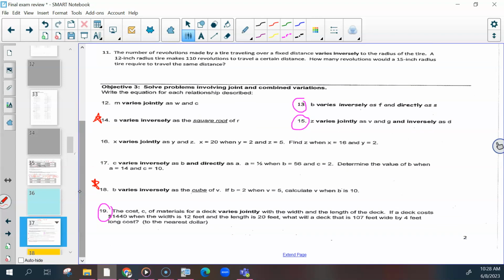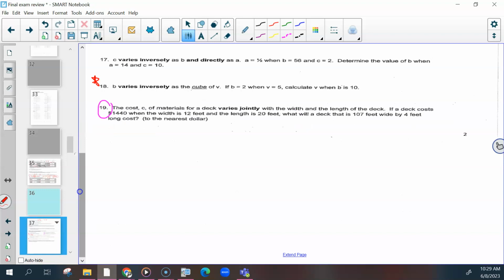So 14 is just setting up the equation. S varies inversely as the square root of R. This is going to be S equals. You always need some k. In this case, inversely, you are dividing k by the square root of R. 18, we also have to set up first before we can start solving.